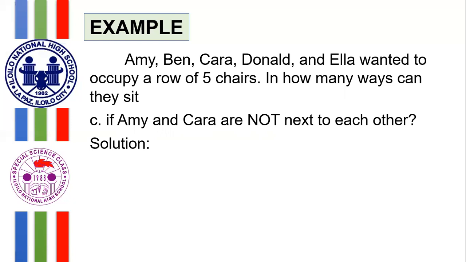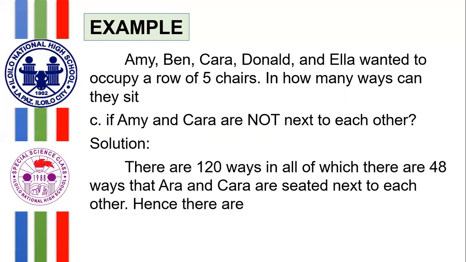So remember, the results we have in A and B are really important here. So you could see there are 120 ways in all, which is 5 factorial in letter A earlier. So there are 120 ways that all of the seats will be occupied.